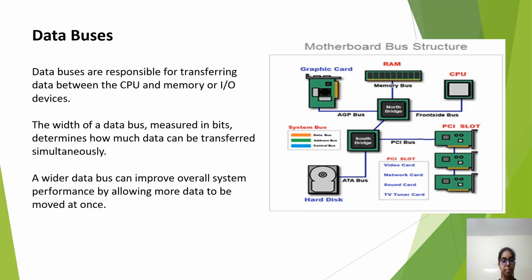A wider data bus can improve overall system performance by allowing more data to be moved at once. This is the motherboard bus structure. We can see the memory, graphic card, CPU, and the system bus structure, and then connected to the PCI slot.